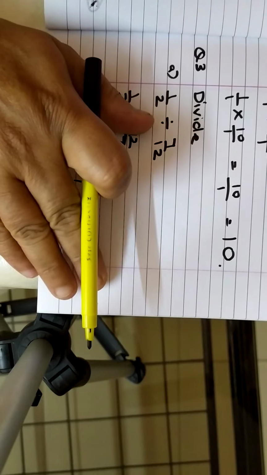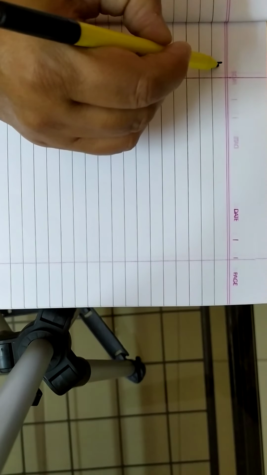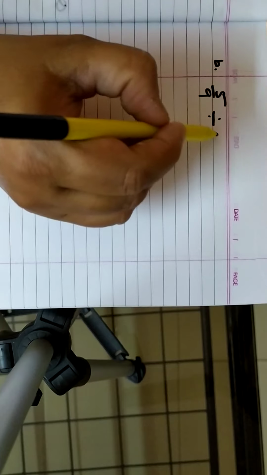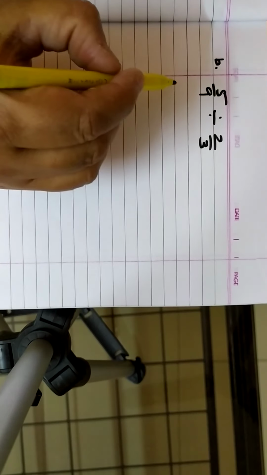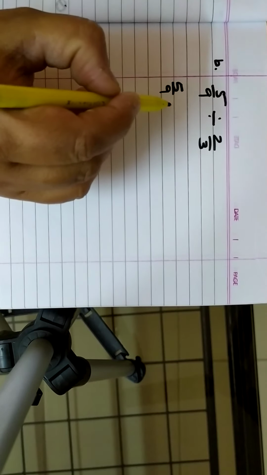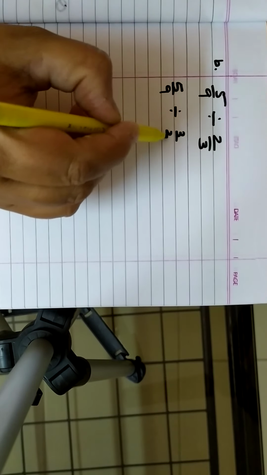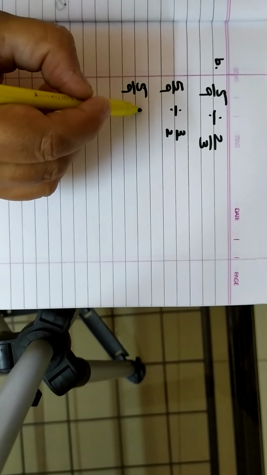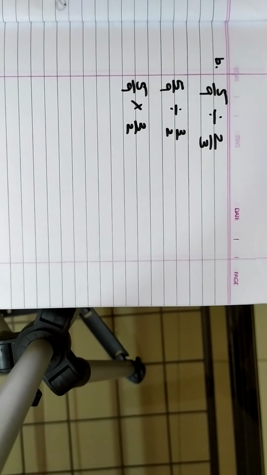Now coming to the next sum. 5 upon 9 divided by 2 upon 3. 5 upon 9 divided by 2 upon 3 is 3 upon 2. 5 upon 9 multiplying with reciprocal. Anything coming in common table?